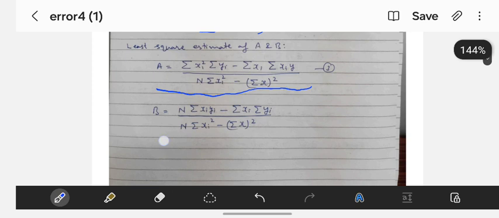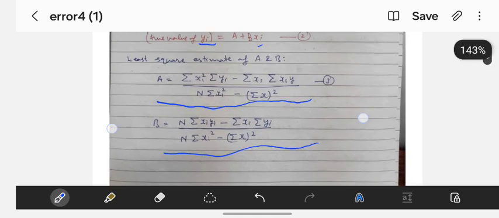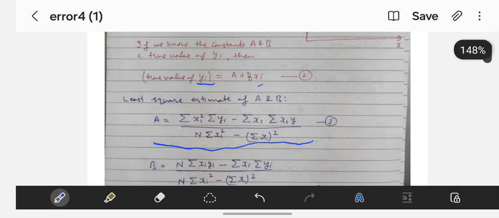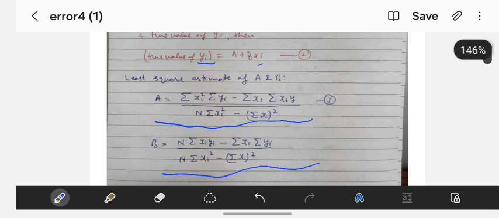You don't need the proof of this. I will put it in a different video, but from the exam point of view, we don't need to find the proof. You just remember these formulas as they are. And a will be sigma xi square, that represents first squaring all the terms xi, then taking the summation of all the values, and the same with the yi values, the sum of yi values, then xi, then multiply xi yi and take the sum.